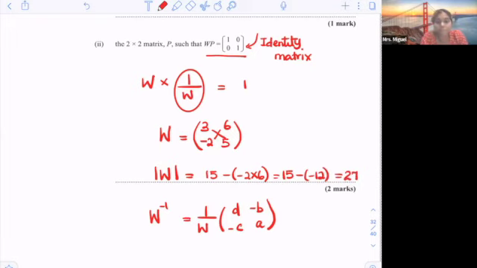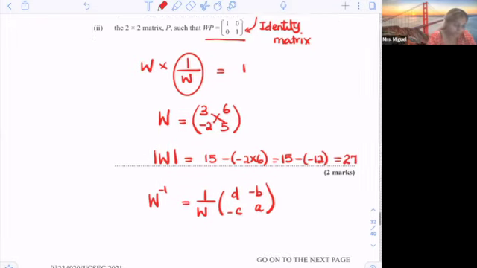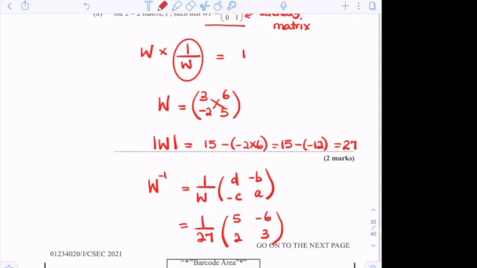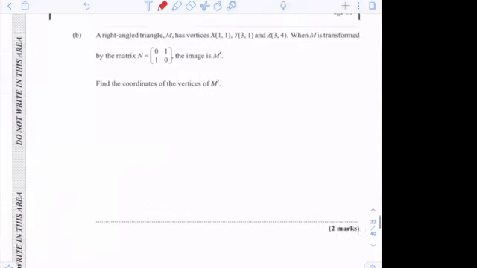Did you all get that? So this would be 1 over 27, 5, 3, negative 6, 2. Did you all put that? Yeah, miss. All right, let's continue.